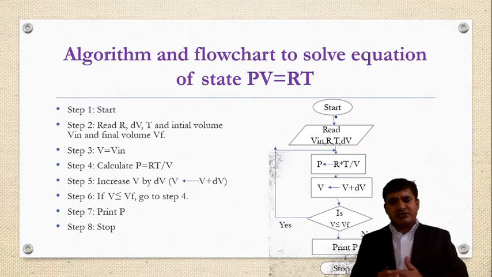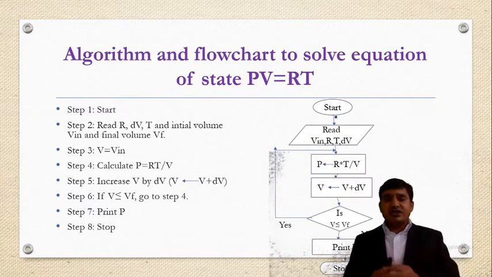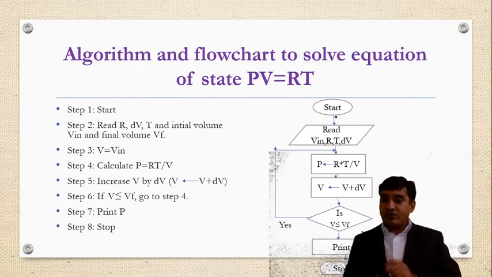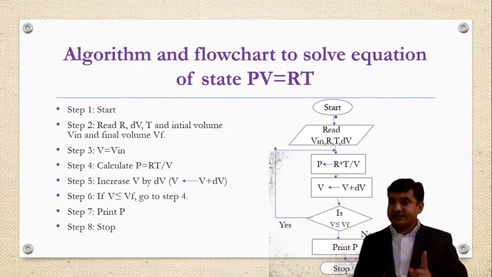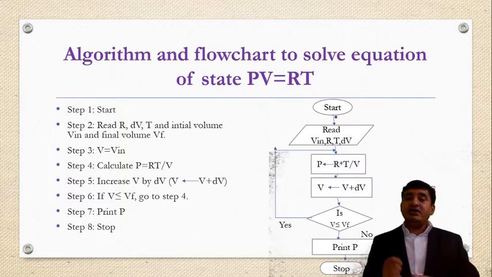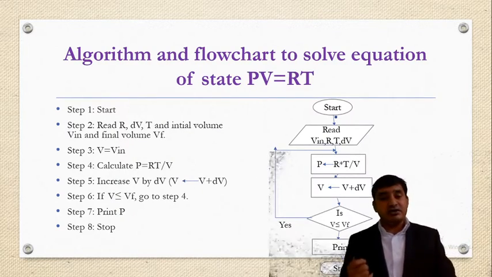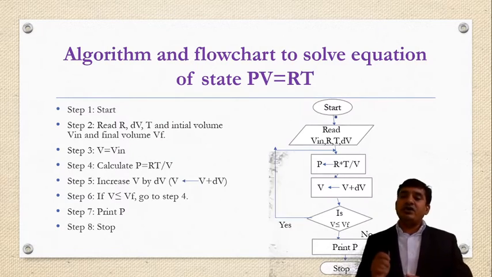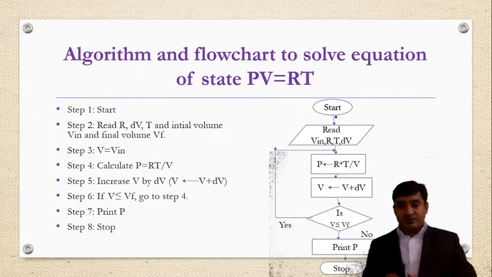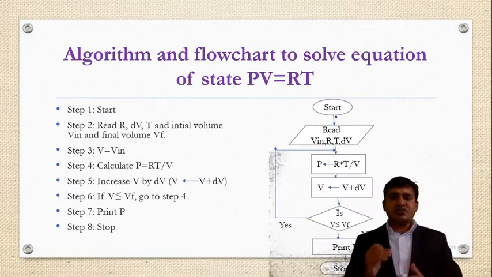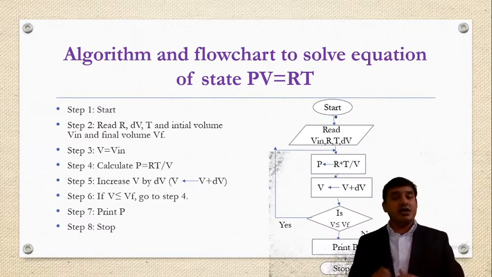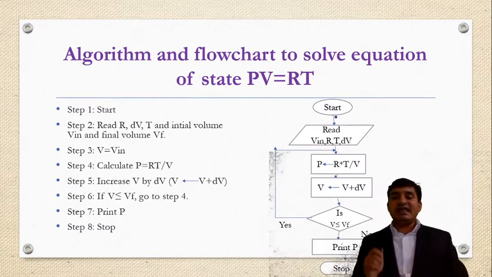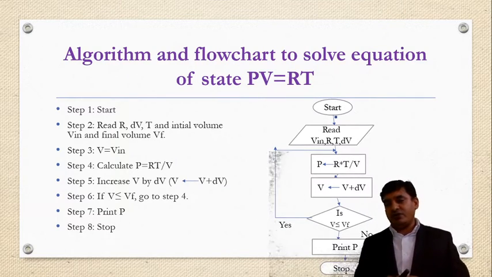After incrementation we have to check the condition: is V less than or equal to Vf, that is the final volume? If yes, then again calculate pressure, that is P = RT divided by V. This process is carried out as long as volume is less than or equal to final volume.